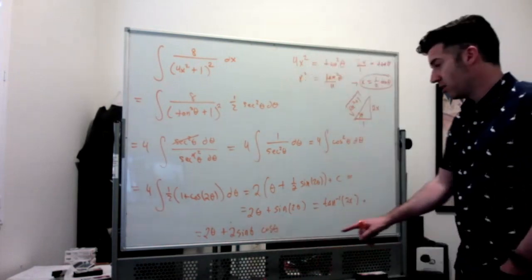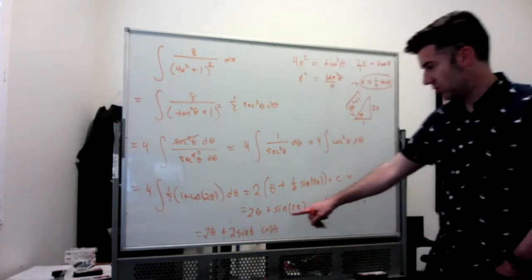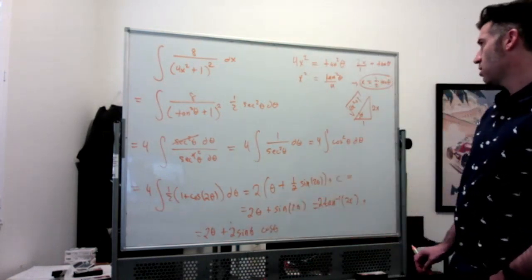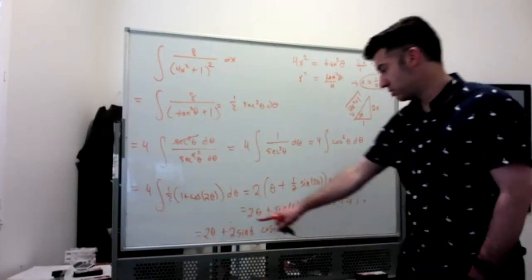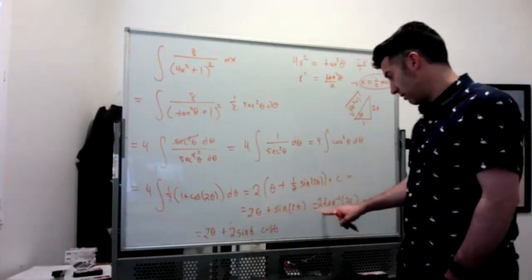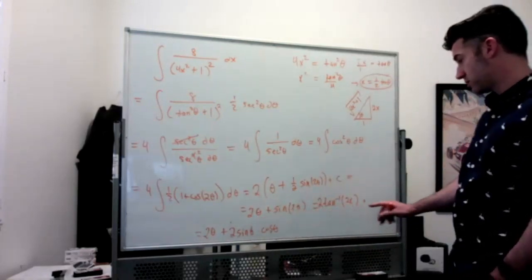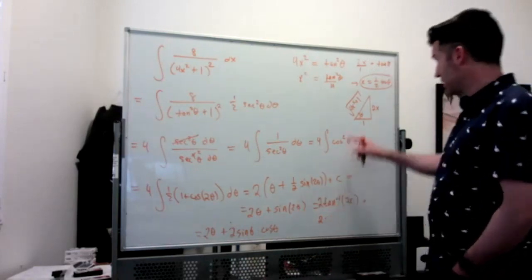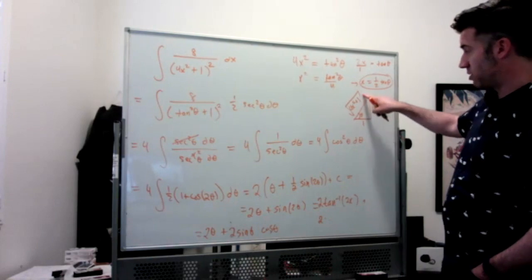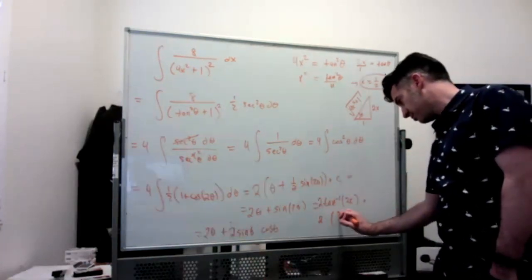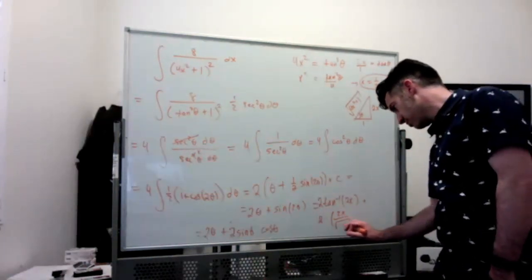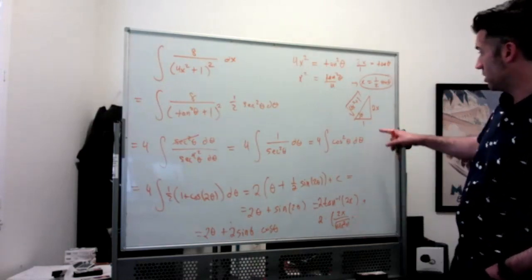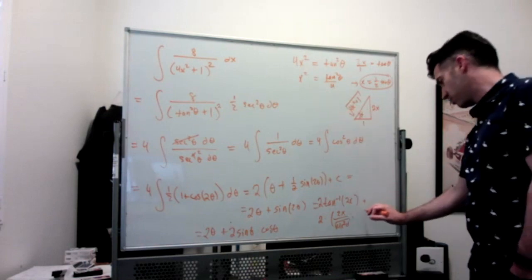So we get the 2 times theta, which is 2 times the inverse tangent of 2x, plus sine of 2 theta, which is 2 times sine of theta, 2x over the square root of 4x squared plus 1, times cosine of theta, which is 1 over the square root of 4x squared plus 1.